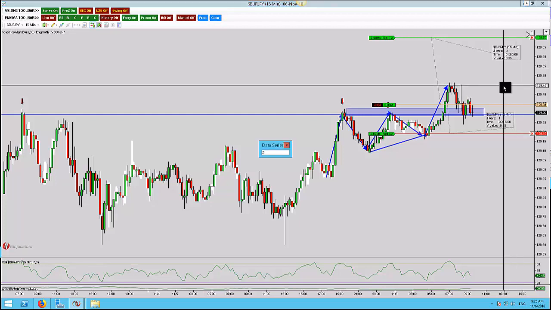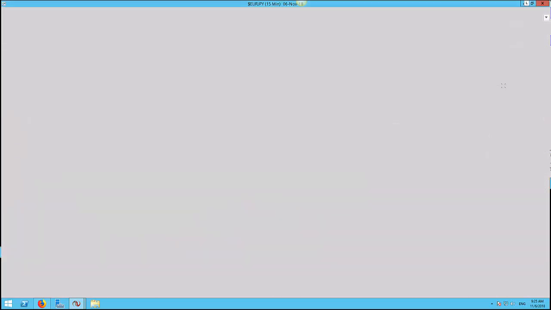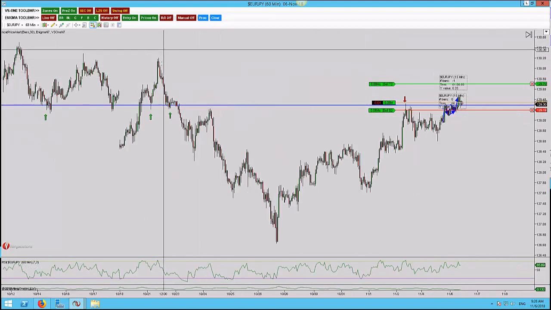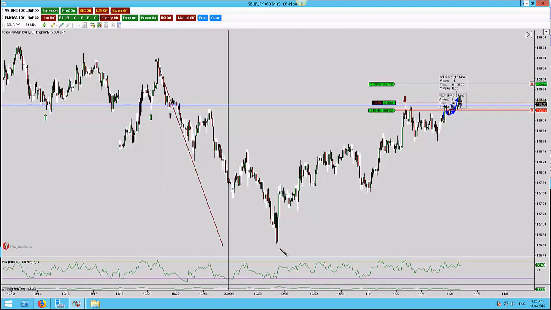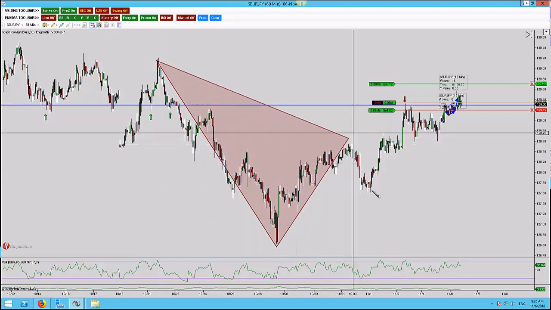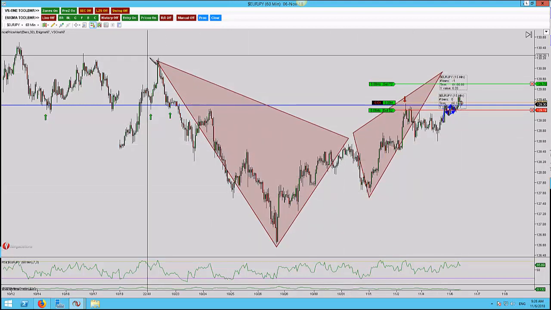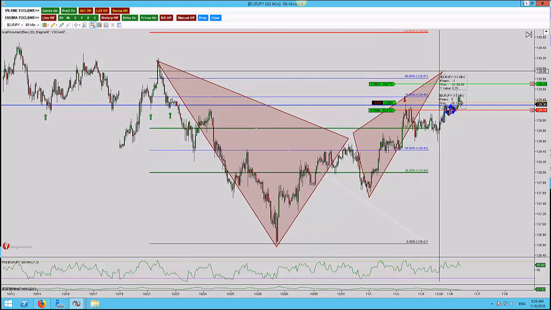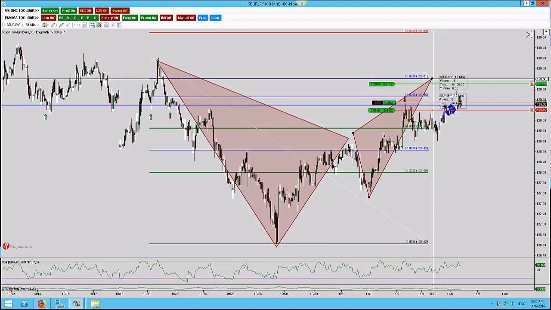Now if I just go out to the 60, there is one other thing as well, and that is that we have an advanced pattern, and we have a back pattern setting up like this. Entries a little bit earlier than that, I think. Entries here at the 886.